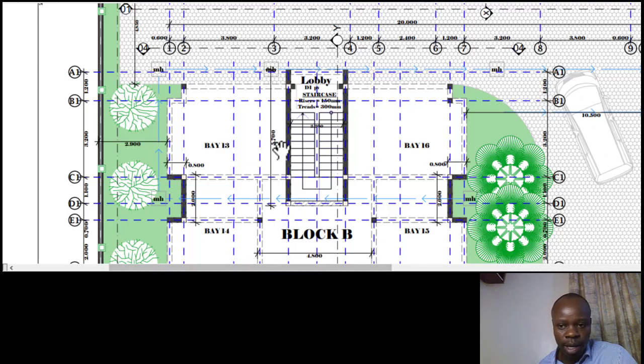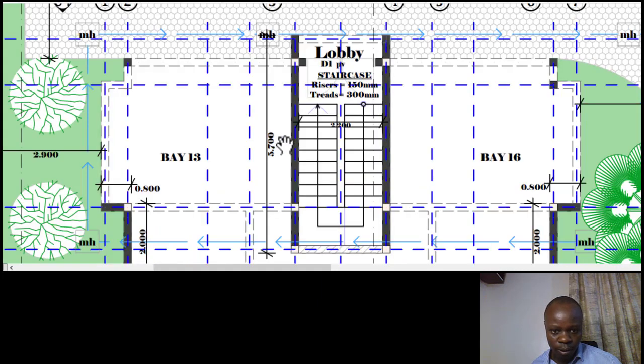So this is the one that we have, and I would like us to read the dimensions which we need for our taking off for the walling. Looking into this, you can see the wall starts from grid D1 to A1, along the vertical axis. So this is 3700. I'll just zoom it in so that you're also able to see it. This is actually 5.7, not 3.7 as I said.